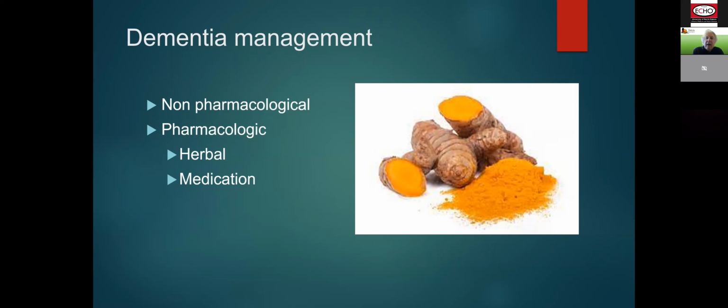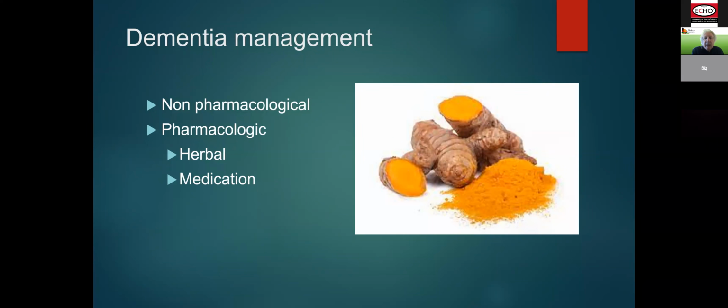So there are non-pharmacologic approaches. Research is still out there, so I don't want to over-represent the use of turmeric. But if you are interested in that, it needs to be prescribed at a level that's adequate for anti-inflammatory responses. And so that's 1,000 milligrams twice a day.